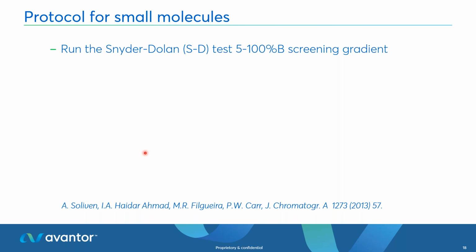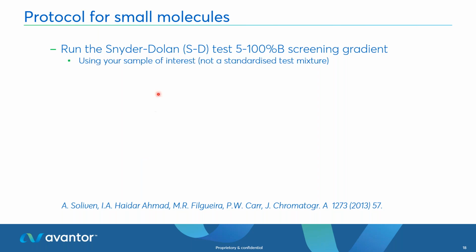So yes, we use it to understand whether or not our sample is complex enough. Do we do gradient or isocratic? But it's also very important in our protocol for small molecule peak capacity optimization because it will guide our column length decision. But let's go back to this protocol.